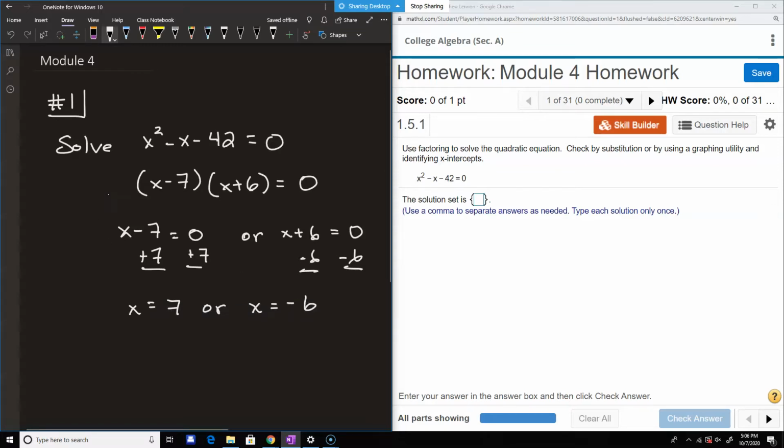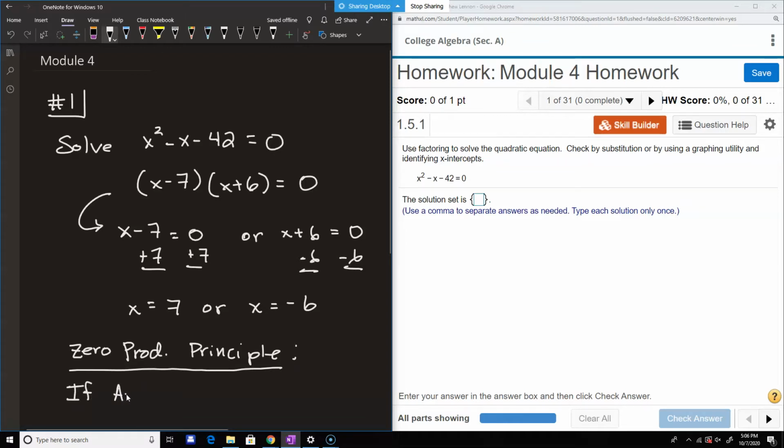And so this step, to go from here to here, is from the zero product principle. And what that says is if you have two things multiplied together, it doesn't matter what they are. In this case, they're two algebraic expressions in the form of linear factors, then one of them has to be 0.